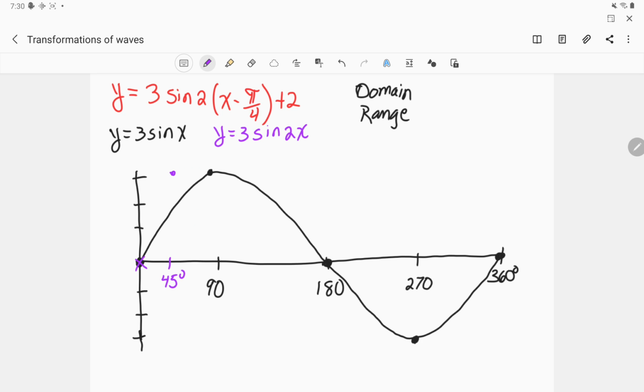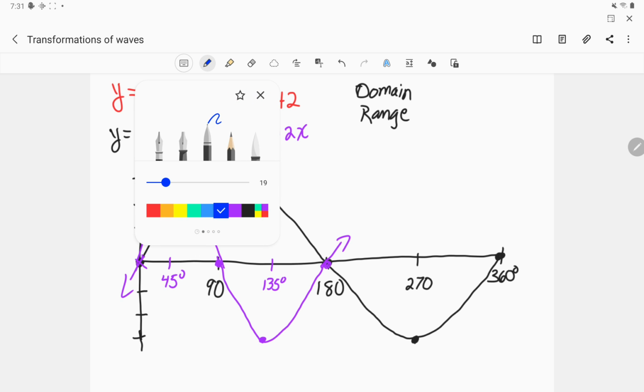So that's actually going to come back here. 180 divided by 2 is 90, so it's going to come here. 270 divided by 2 is 135. So that's here. And 360 divided by 2 is 180. So it has been horizontally compressed to be half the length it was. So one wave takes half the amount of time that it did. Again, this actually keeps going in both directions forever and ever, but we're only graphing one wave.